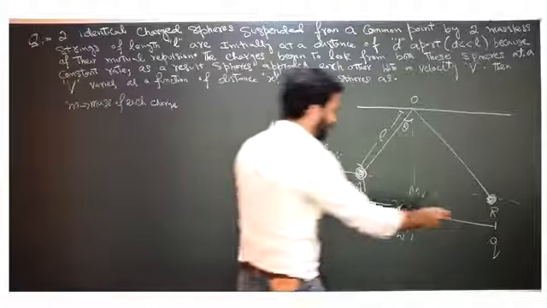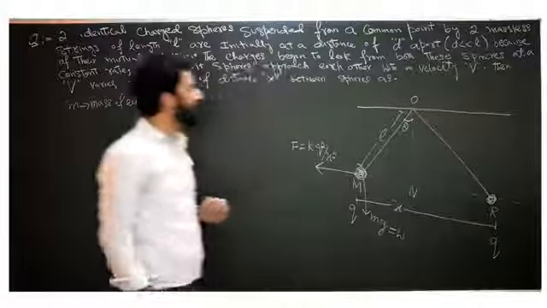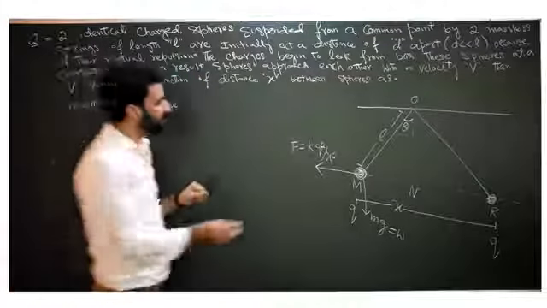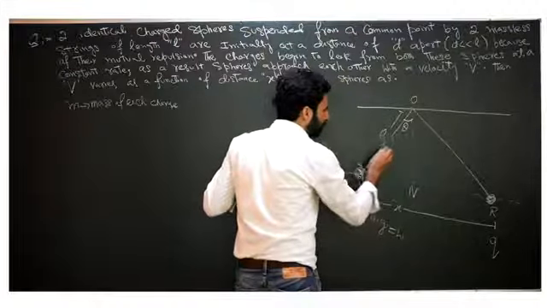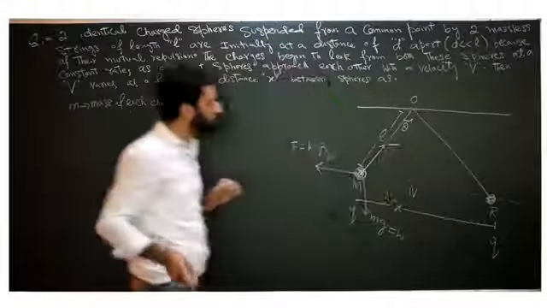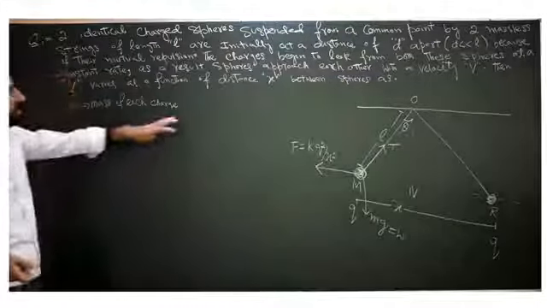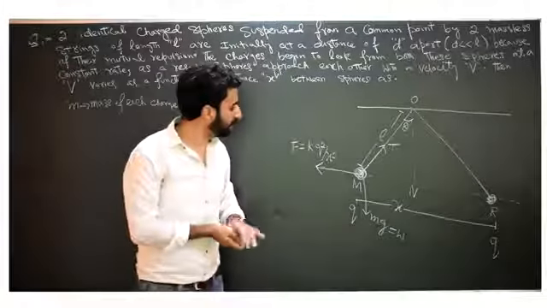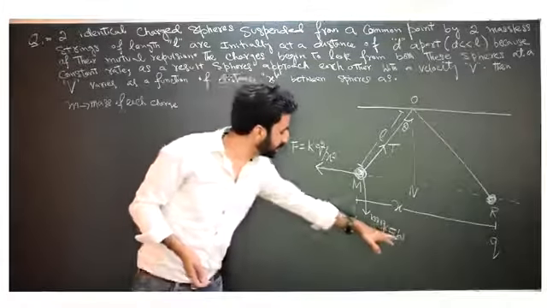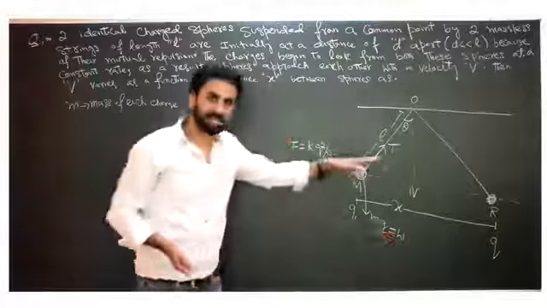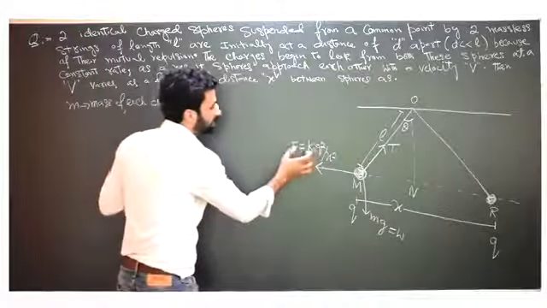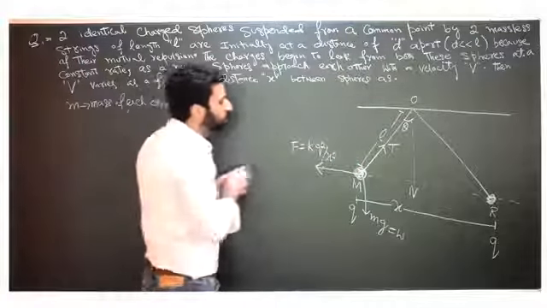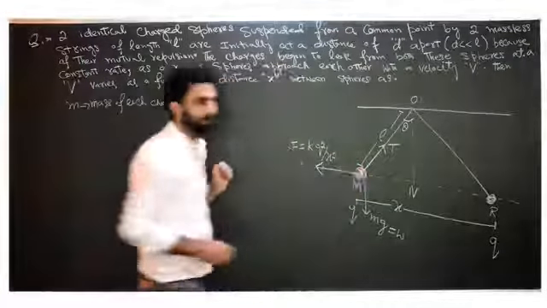Also there will be tension in the string in this direction, that's T. So the forces acting on this particular charge are mg, the weight of the body acting vertically downwards, the electrostatic force of repulsion K Q square by x square, and the tension in the string, T.